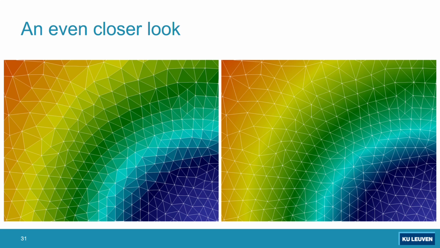And in this case, each point is used, we call them nodes. Each node is used to solve the equations. As a result, you can see that this node has a color of yellow propagated on the surrounding, and this one, and this one, and this one. So every node has its own value. This is what we call the order of the solution. In this case, we have solved them on nodes, in the other case on elements, and we have even higher orders in which we employ even more nodes inside the elements or on the edges to solve the equations.